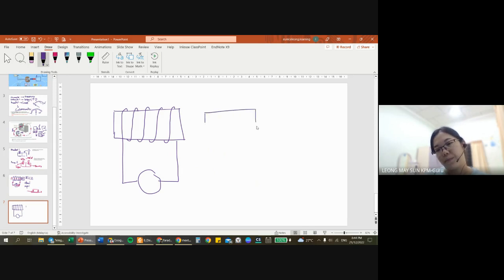Okay, so this is north, this is south. I have a galvanometer, and again, right now, the north is going towards the left, towards the solenoid.